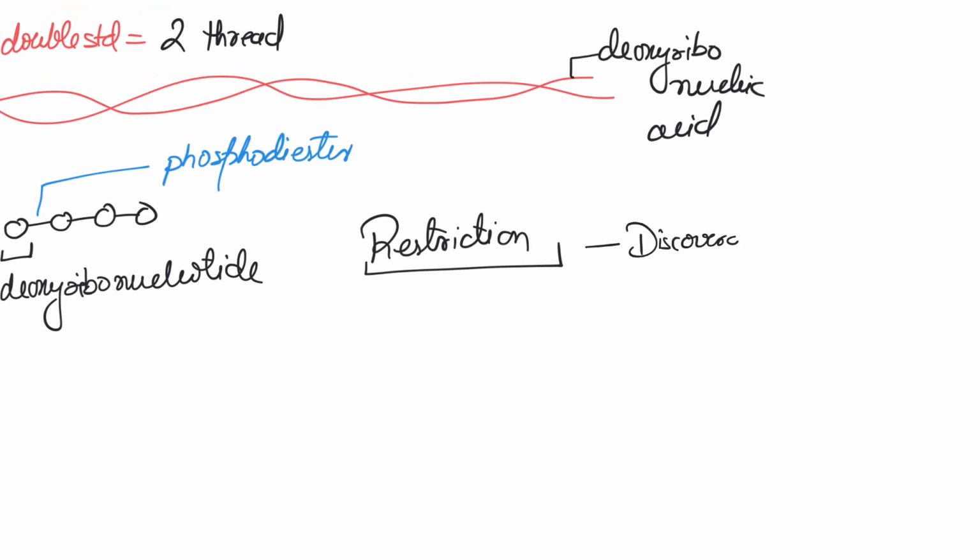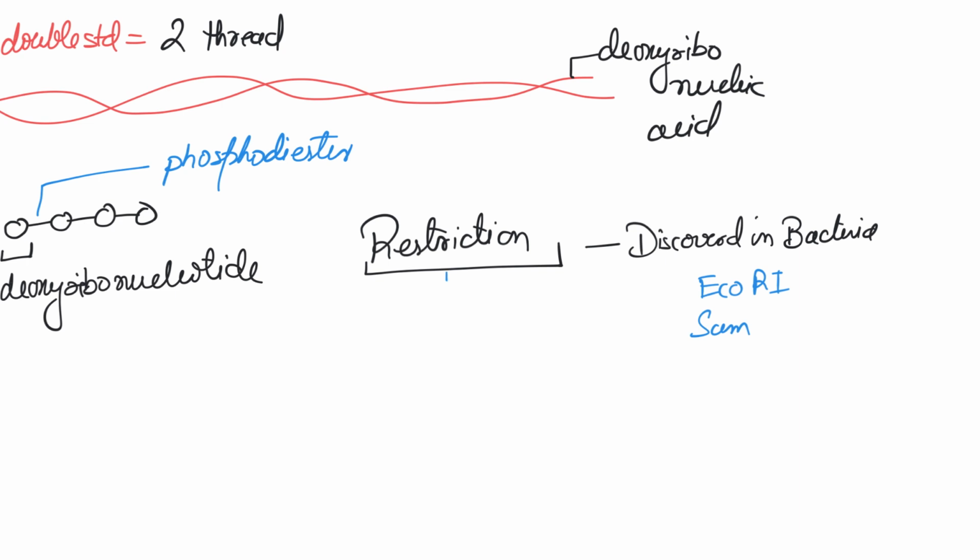These bacteria were very frequently infected by viruses, and they came up with a strategy to clip out and kill those viruses. So these were restriction enzymes. You have various of them, like EcoRI, that's one of them, or you get Sam, and there are many others, don't worry about them.